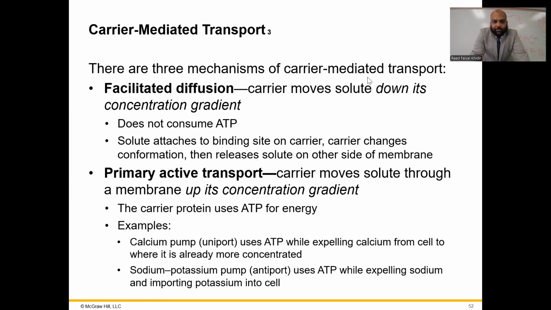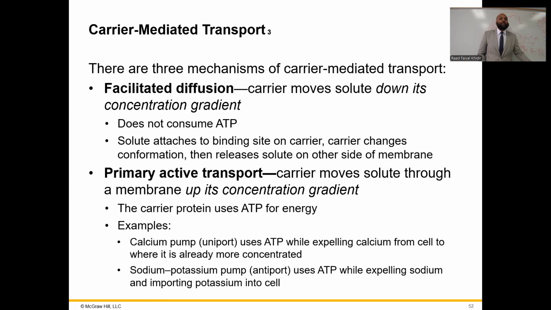Facilitated diffusion is when you have movement down the concentration gradient, but the solute you're moving is polar. It cannot dissolve in the lipid bilayer, like for example, glucose.